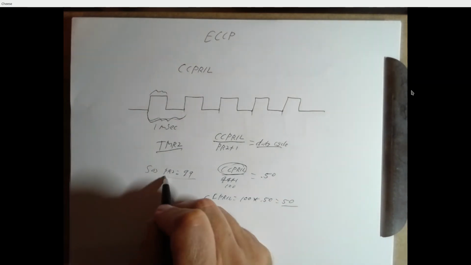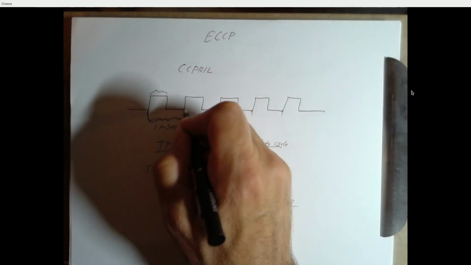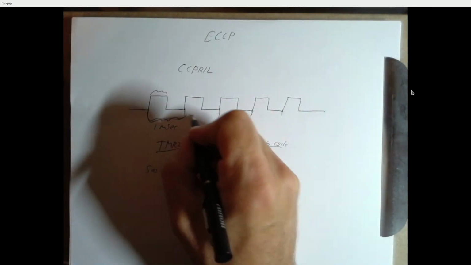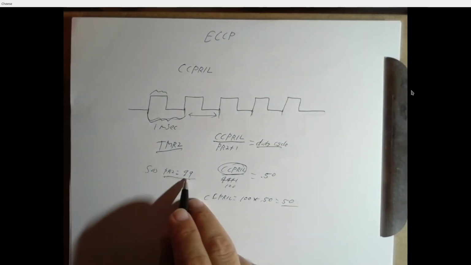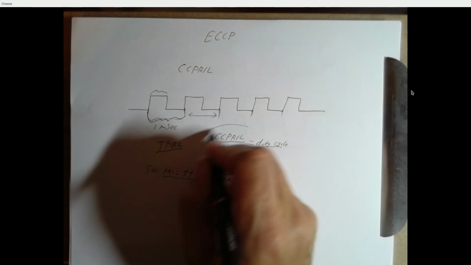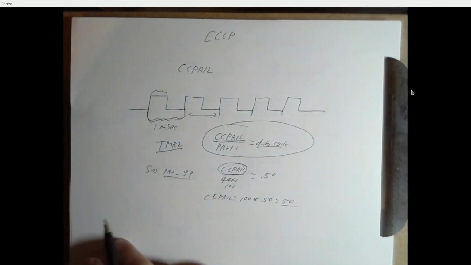Then load a value into PR2 to determine the time from one rising edge to the next. Then, based on PR2 and what you want your duty cycle to be, use this formula to figure out what CCPR1L should be, and load that in.